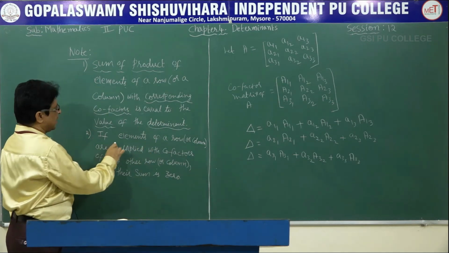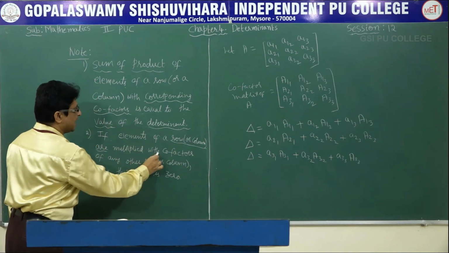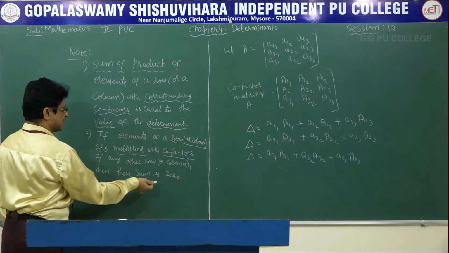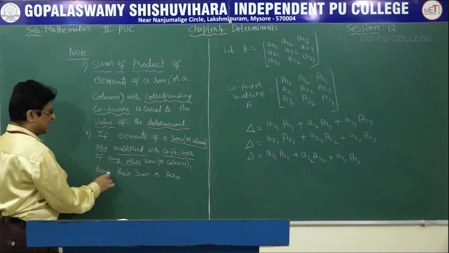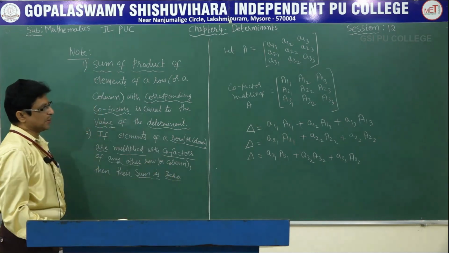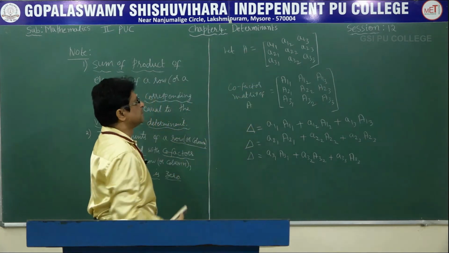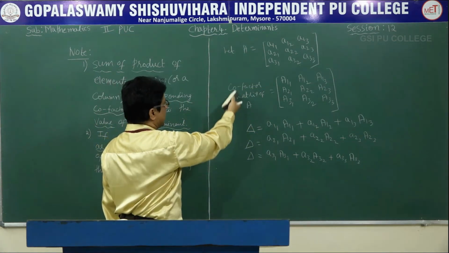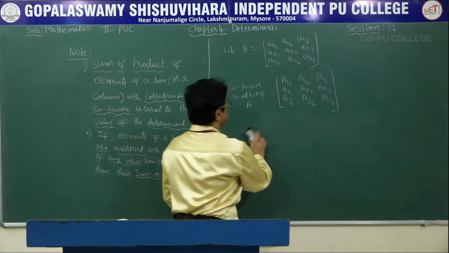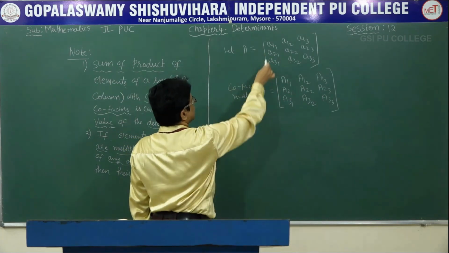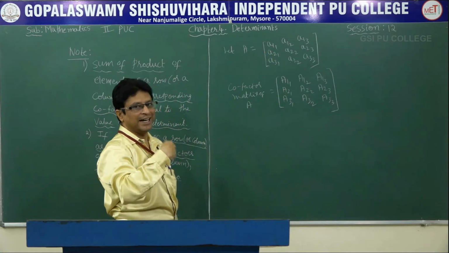Next, if you observe here, if elements of a row or a column are multiplied with the cofactors of any other row or column, then their sum is 0. That means, let us consider the same matrices, that is A matrix and the cofactor matrix of A. Suppose we consider the elements from first row and the cofactors from the second row and take the product and take the sum of it.